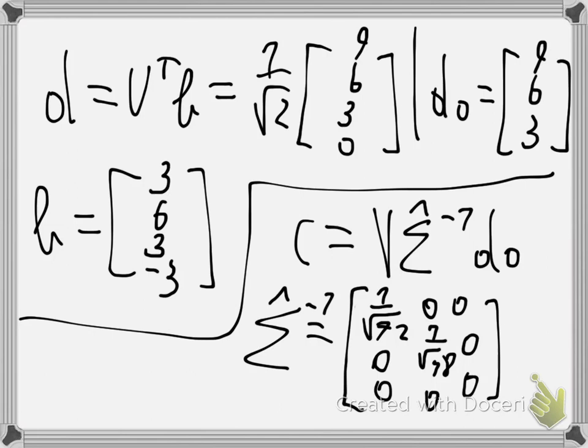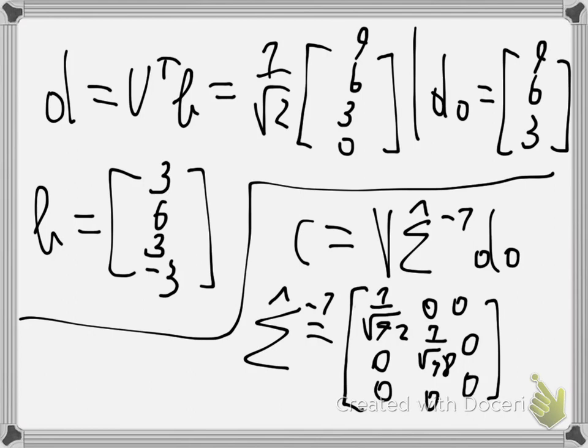So we just removed the last row because we don't need it. And our vector D0 has 3 rows. Matrix sigma has 3 columns, so that's okay.